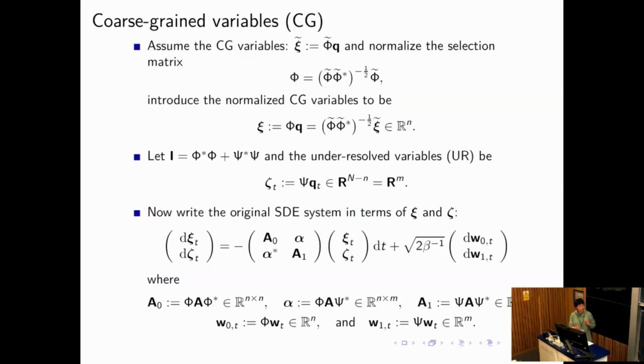To make the math analysis simpler, you want to renormalize the projection, so we introduce the renormalized coarse-grained variable Kc. Based on this linear projection, we can decompose the identity into two parts, phi and psi. Phi denotes the projection to the coarse-grained variable, and psi denotes the projection to the under-resolved.